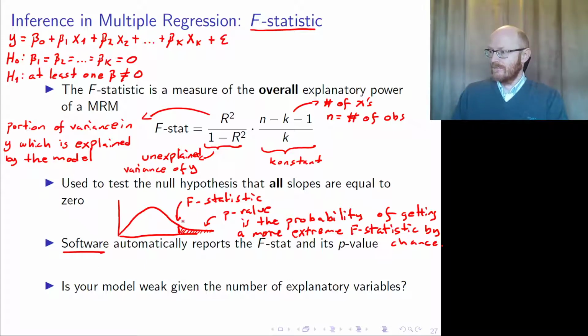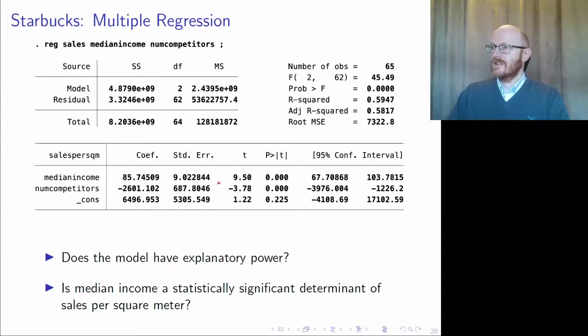So let's see one example. Okay, so we have the Starbucks multiple regression. We have two x variables, okay, and we have sales per square meter, and we have 65 observations, and given the r squared, you could calculate the F statistic yourself, but of course the program does it for us.